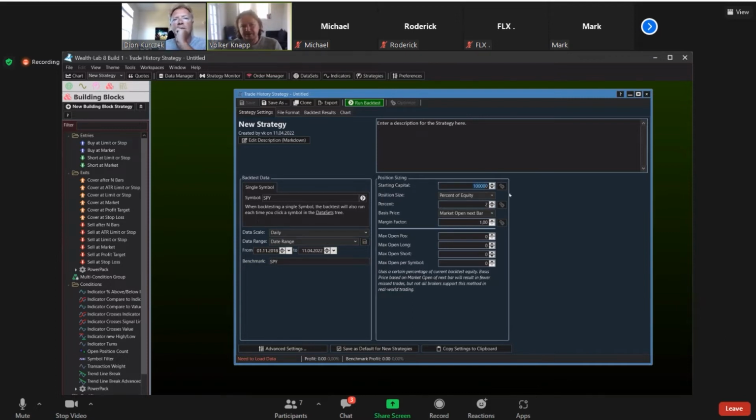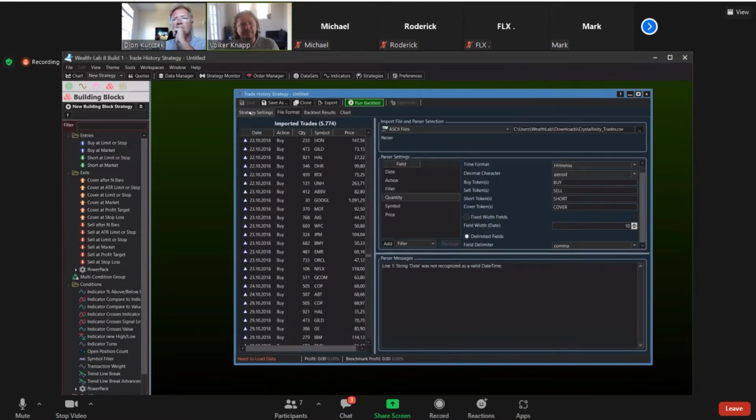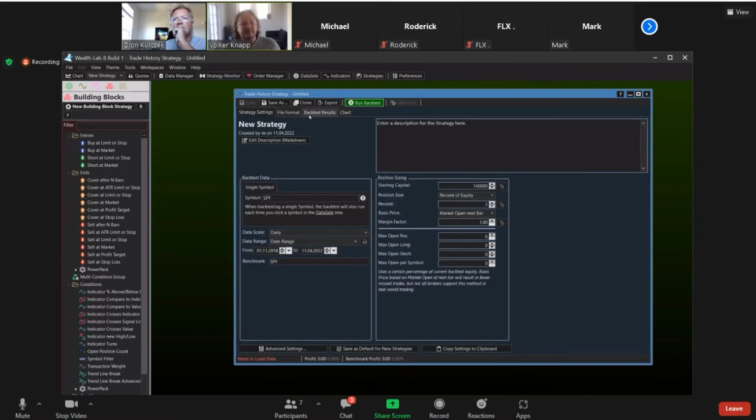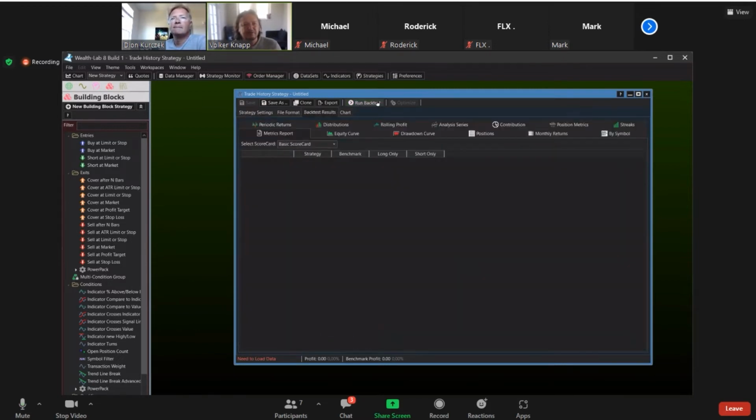We actually looked at it before and we figured out that 140,000 is a good starting capital. It ignores everything else that you have here, so it's not using it because it gets the position size from that file here. And I think that was about it. So what we can do here, we say run the backtest, and it's running it.